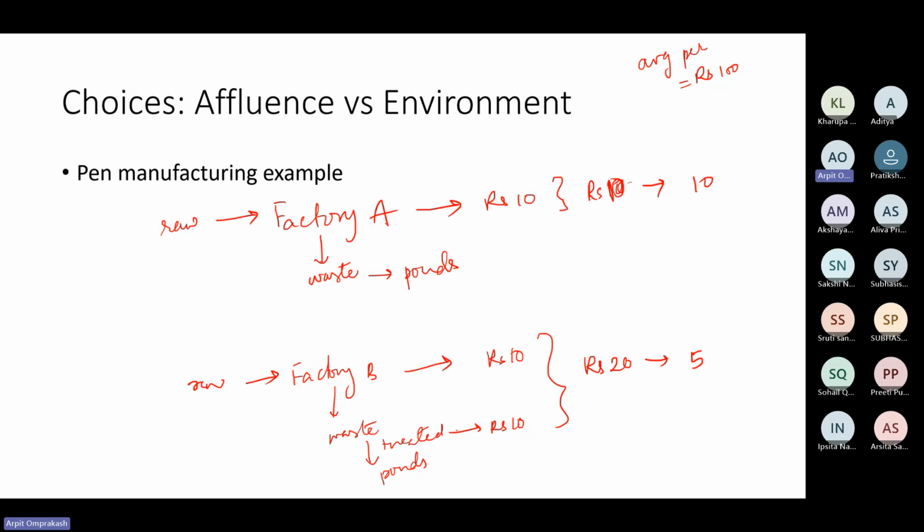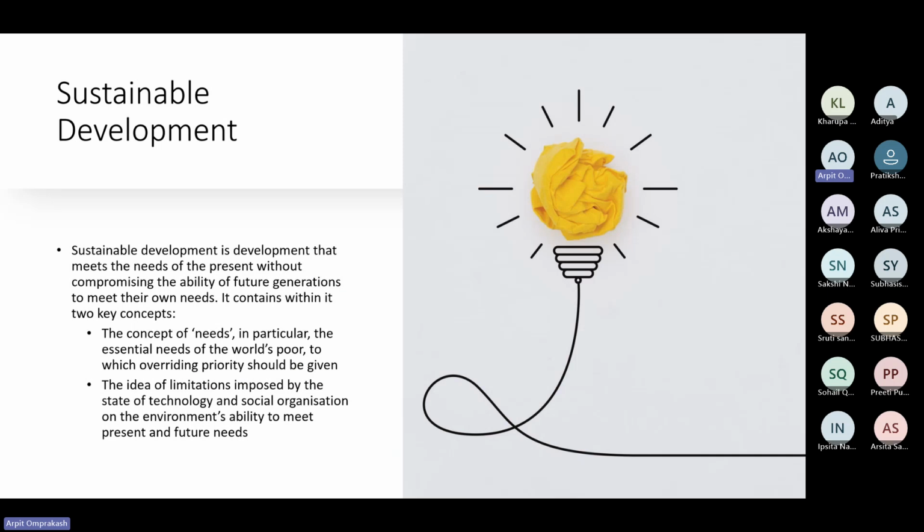So we are causing more damage to the environment in the first case, whereas causing less damage to the environment in the second case. And we are having more affluence in the first case because the manufactured item is cheaper, whereas in the second case, we are having less affluence because the manufactured item is more costly now. Right. So sustainable development is basically this idea taken to a large scale.